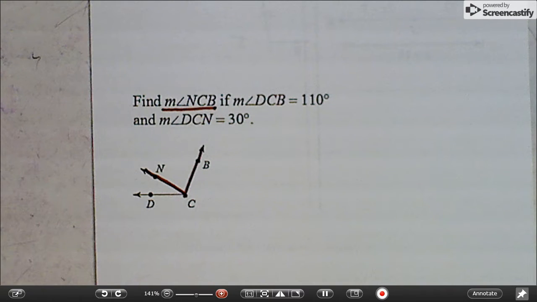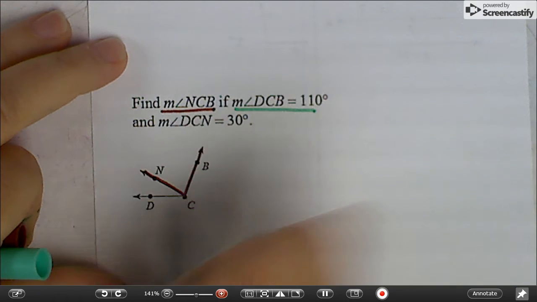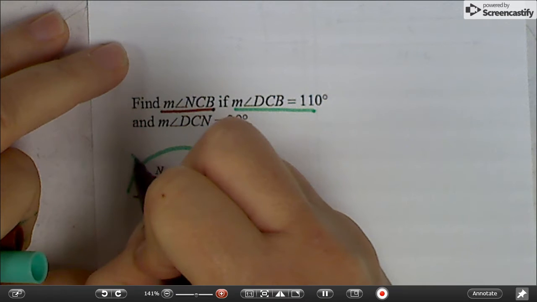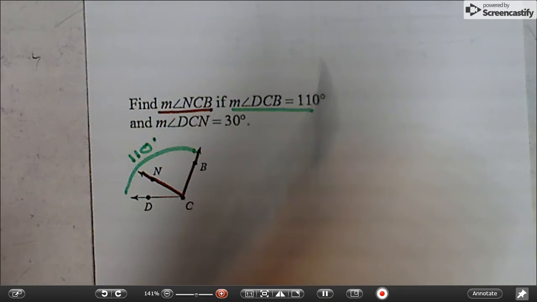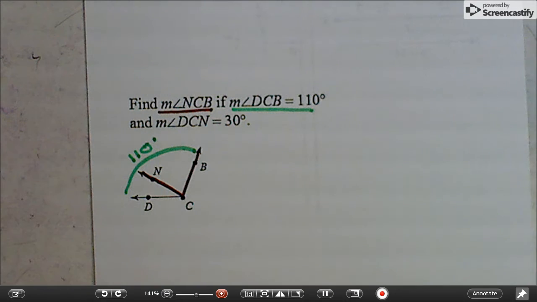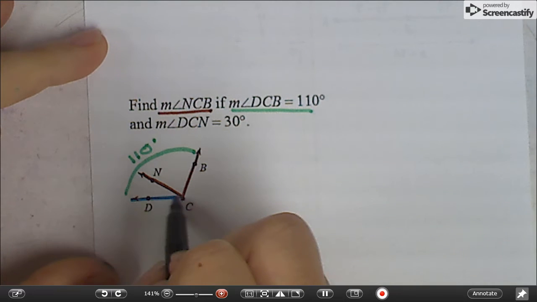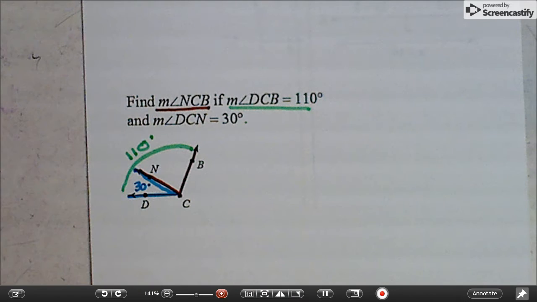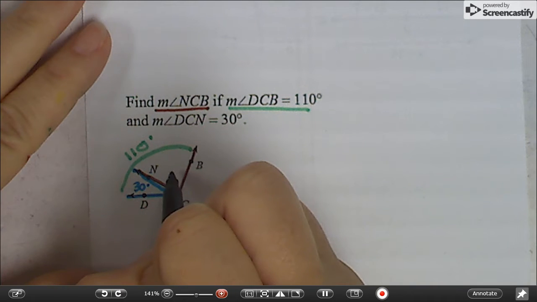We want to find that angle if DCB, the whole thing, is 110 degrees, and DCN is 30 degrees. Now, depending on the order that you did these stations, you might have learned that these two angles are adjacent because they share a side. All right, we don't know what this one is. It's the one we want to know.